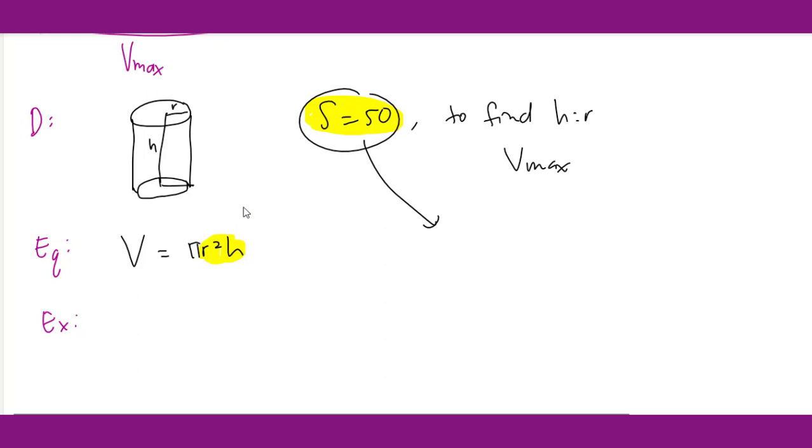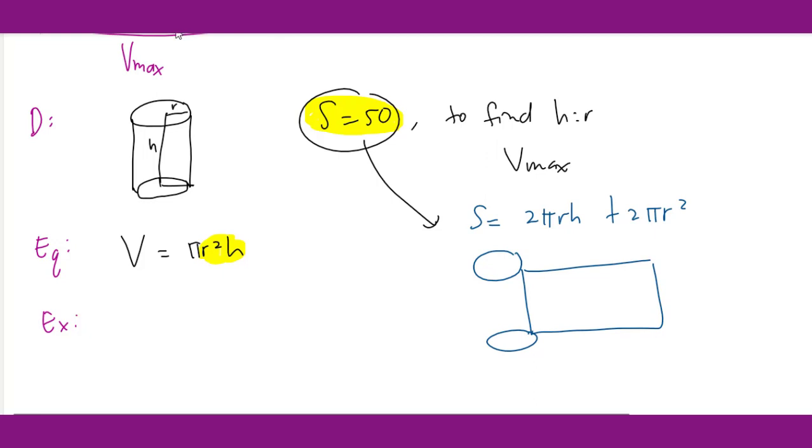The formula for the surface is S is equal to 2 pi RH plus 2 pi R squared, because this is the surface for the cylinder.